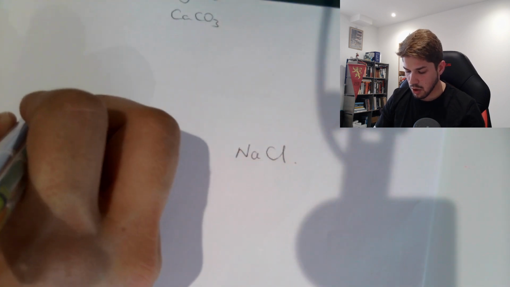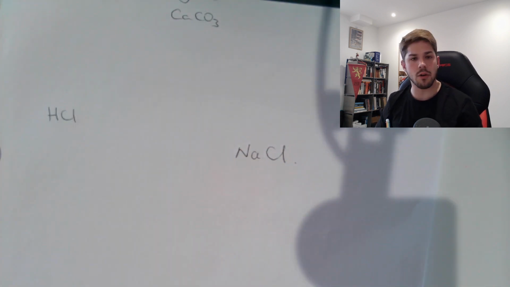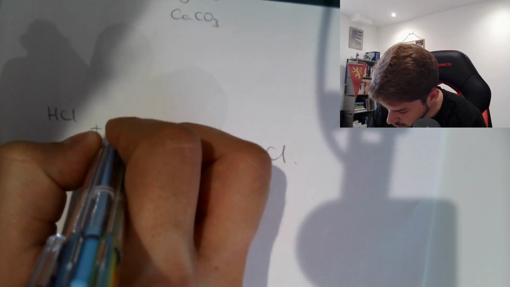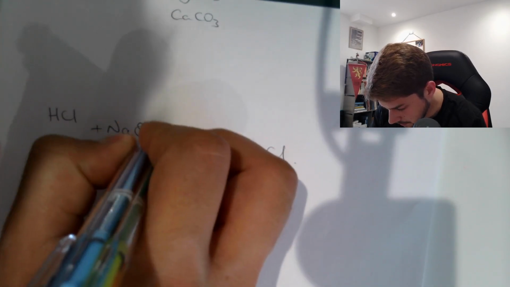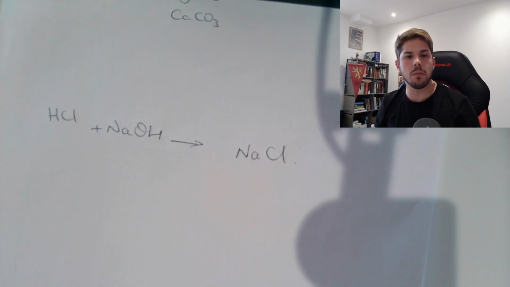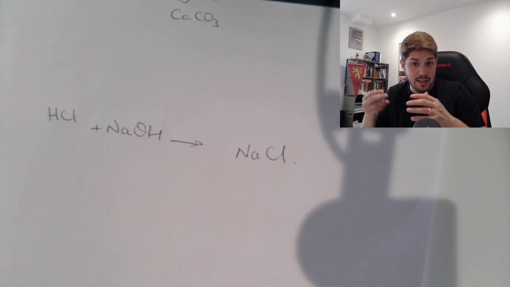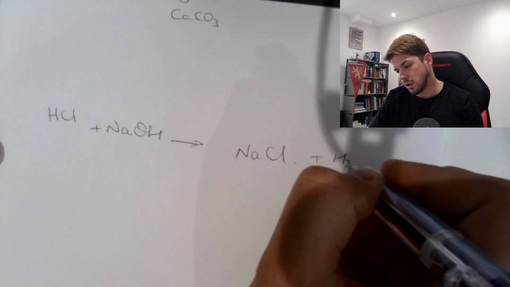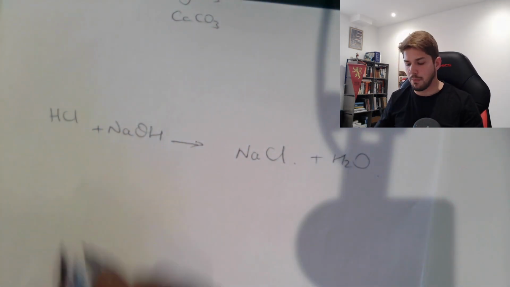We can use an acid like hydrochloric acid plus sodium hydroxide, and that is going to form sodium chloride, which is table salt, a soluble salt, plus water.